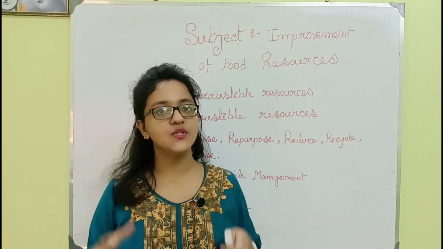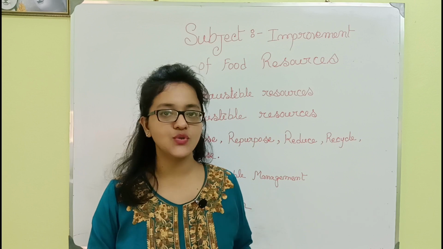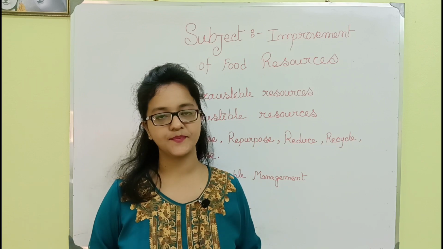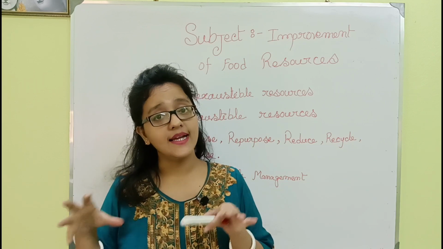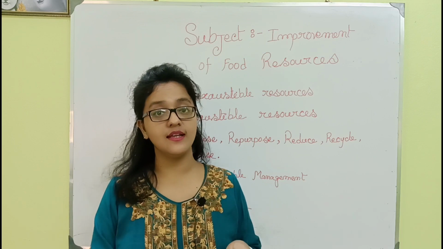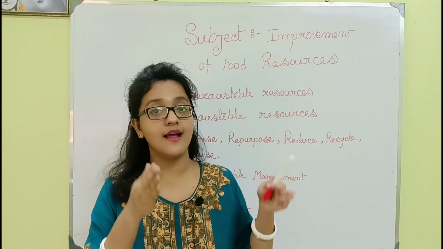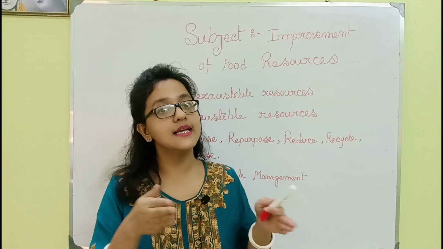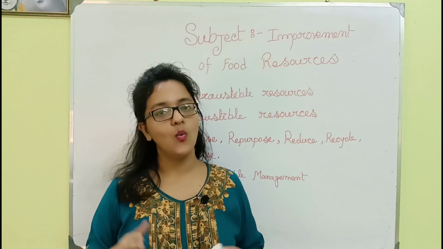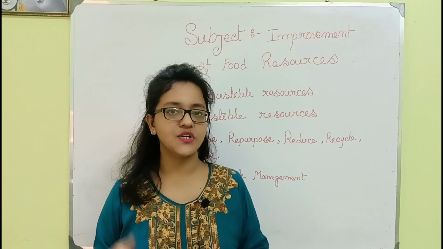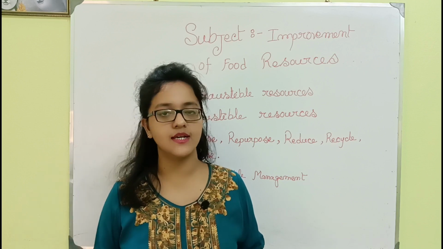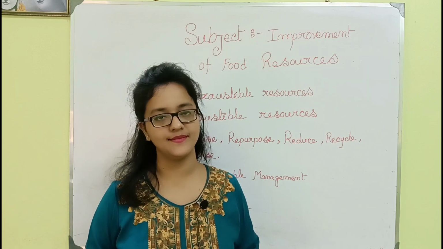So wildlife should be conserved through in situ and ex situ conservation. When wild animals are conserved inside their own habitat, this is in situ conservation. When this conservation is done outside their habitat, this is ex situ conservation.